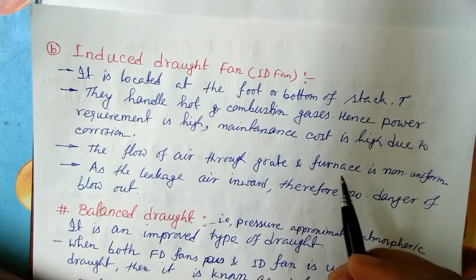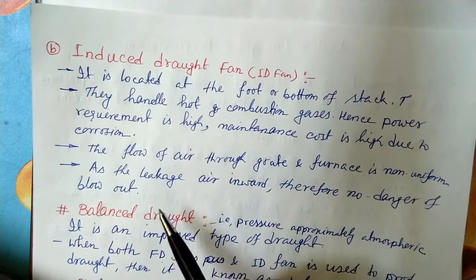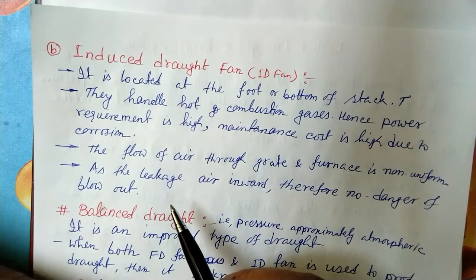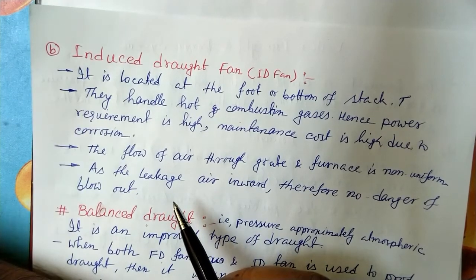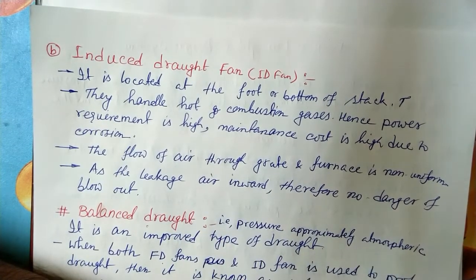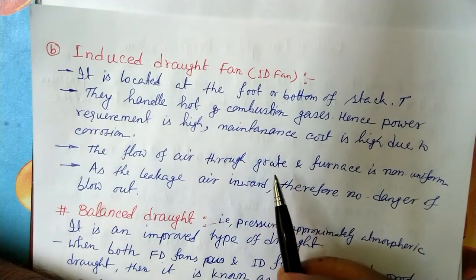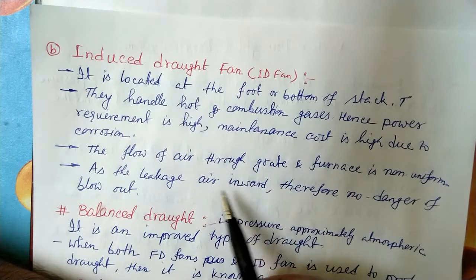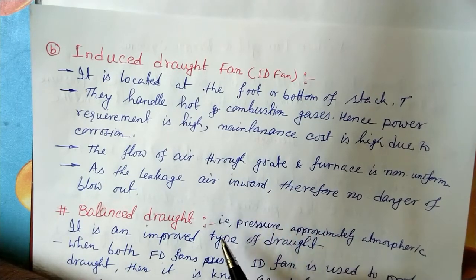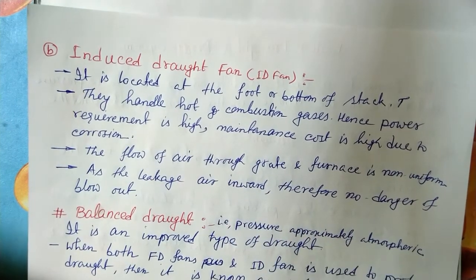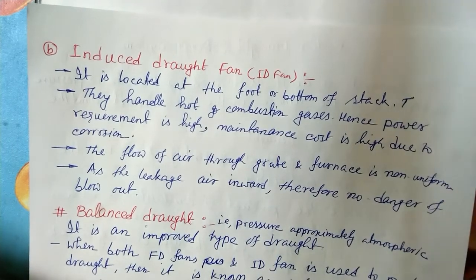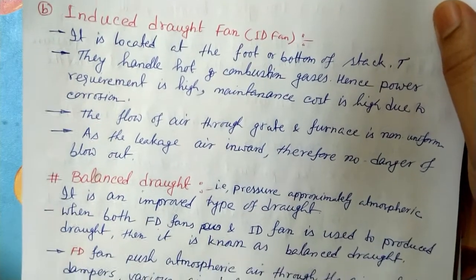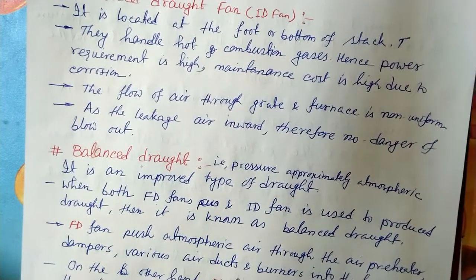Also air leakage always occurs into the furnace or boiler, so there is no danger of blowout, since our ID fan is at the bottom of the chimney and air leakage is always in the inward direction. So this is all about our ID fan and FD fan.